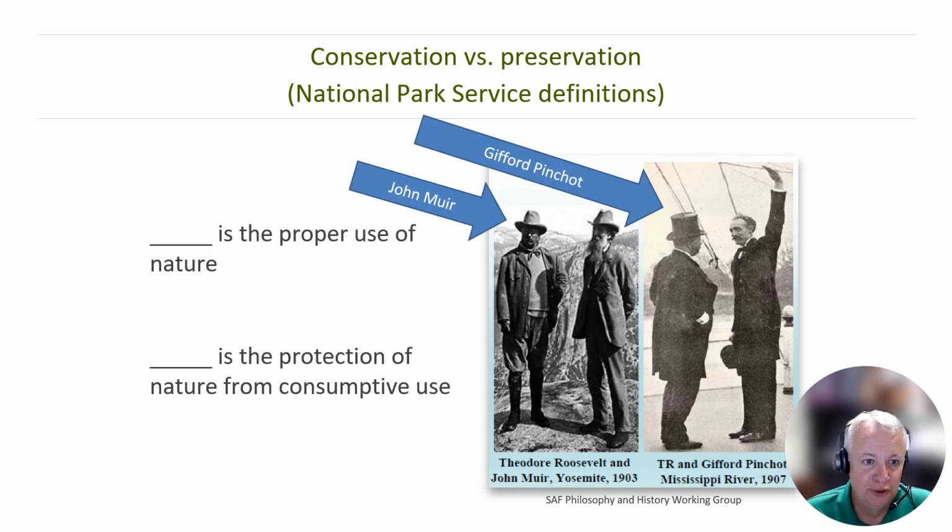These pictures show both people talking to Teddy Roosevelt. And maybe one of these arrows is a little misleading. This is Teddy Roosevelt right here, but he's talking with John Muir, who's standing here. John Muir is a historical proponent of preservation management. So you can think of John Muir as sort of the intellectual precursor to the U.S. Park Service, the national parks.